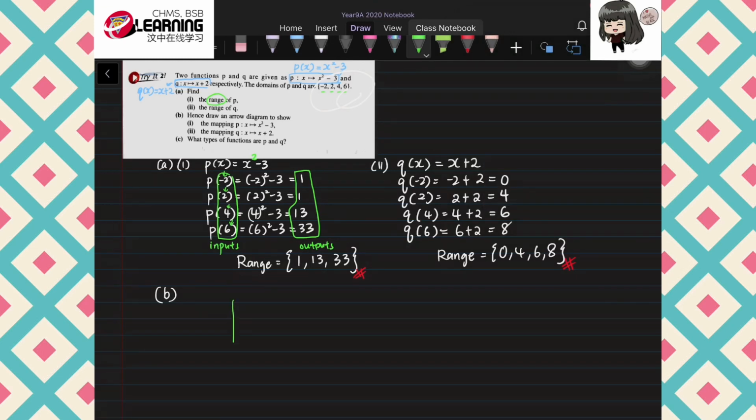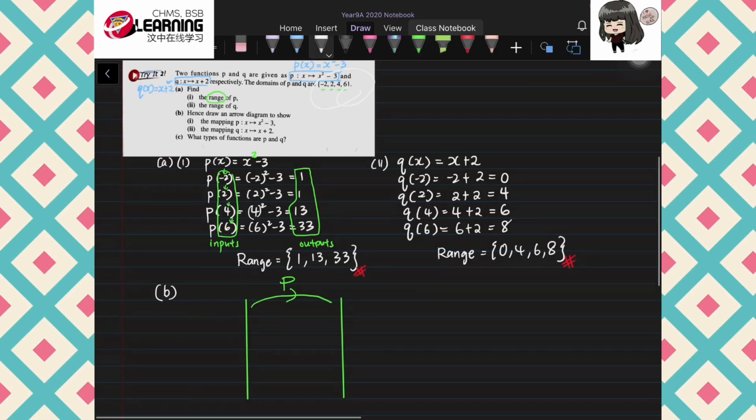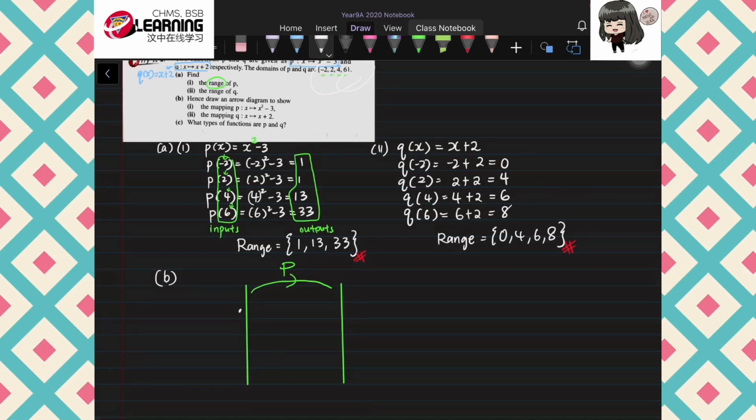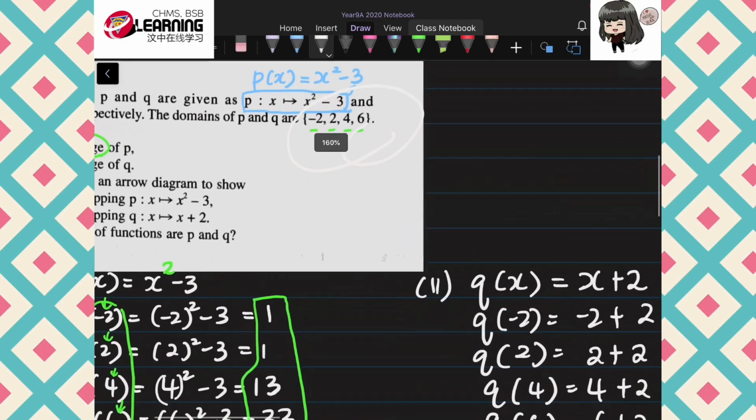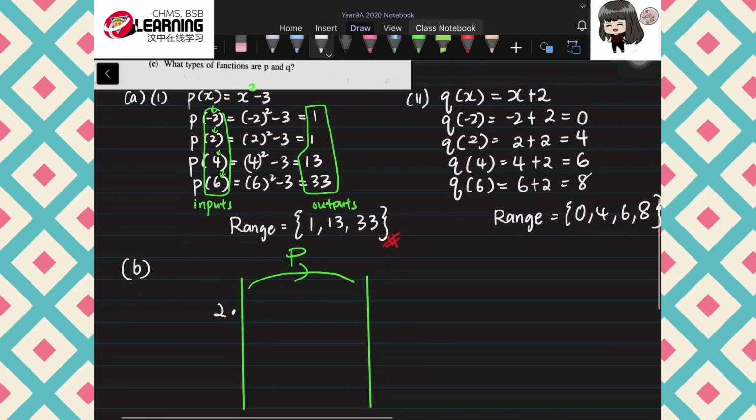So we have the domain, your input part, and your output part over here, and the mapping of P, the function of P. So the objects, which is your domain, -2, 2, 4, and 6.